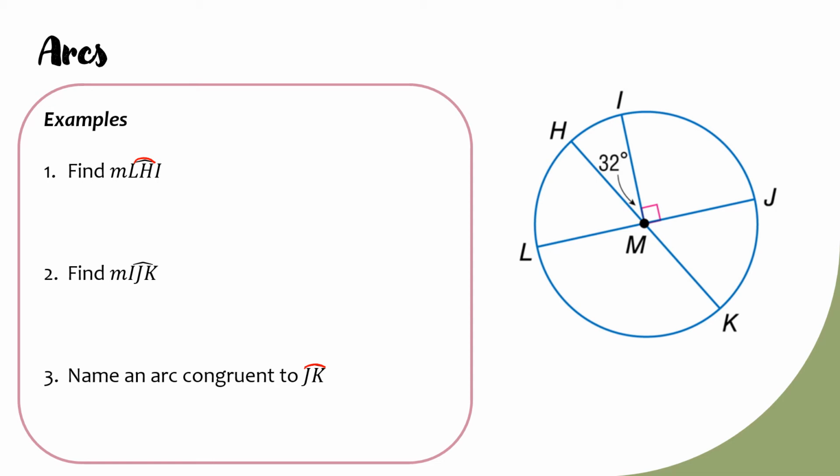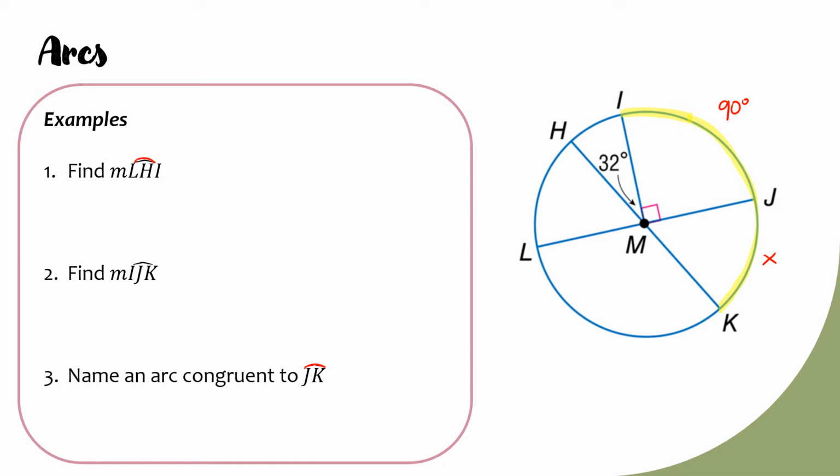So IJK is over here. Now IJK, we could say, is made up of these 2 arcs, and one of those arcs is a nice 90-degree portion. We already identified that from before. The other, let's just call the other one X for now.